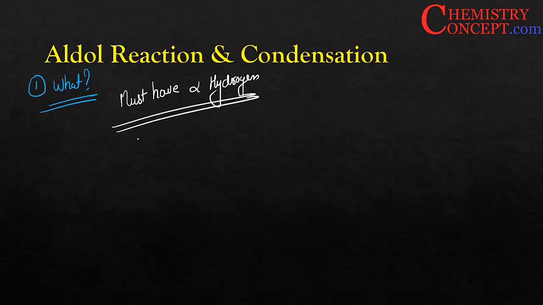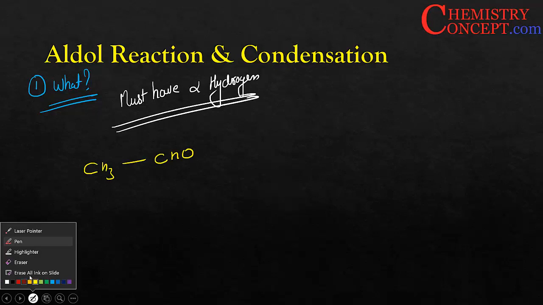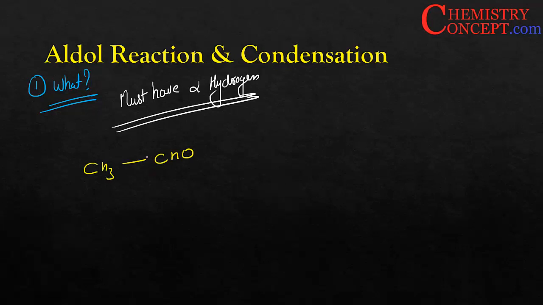Now, what is alpha hydrogen? See, for example, CH3CHO. CHO is the functional group, and the carbon which is just next to the functional group, CH3, is the alpha carbon. The hydrogens of this alpha carbon are called alpha hydrogens.